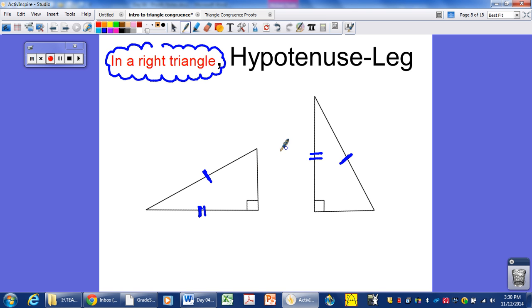As long as you have the hypotenuse and one of the two legs congruent, then you have congruent triangles by the hypotenuse leg theorem. So if you see a 90-degree angle and a hypotenuse, you're probably going to have the hypotenuse leg theorem as the reason.